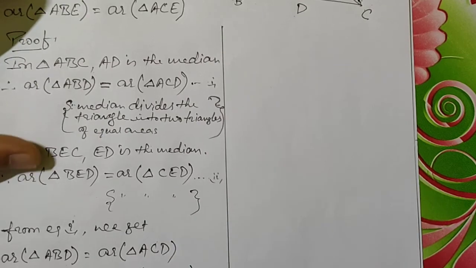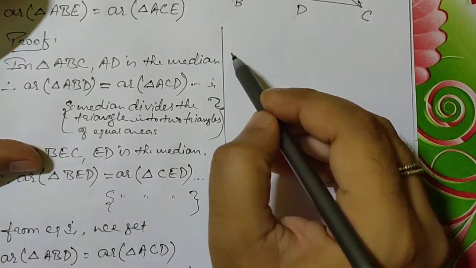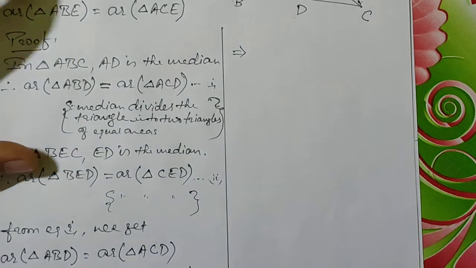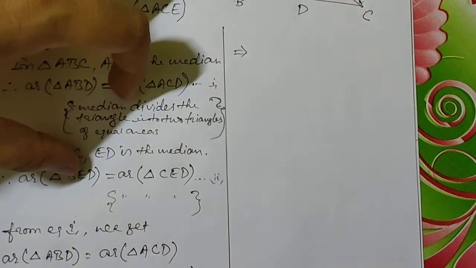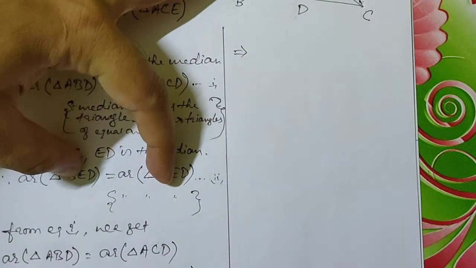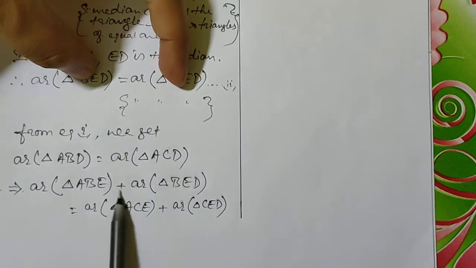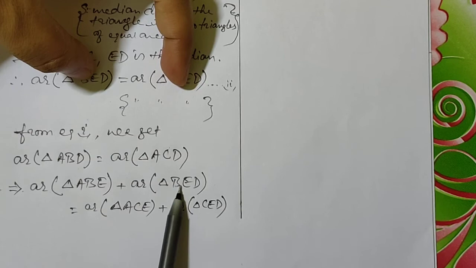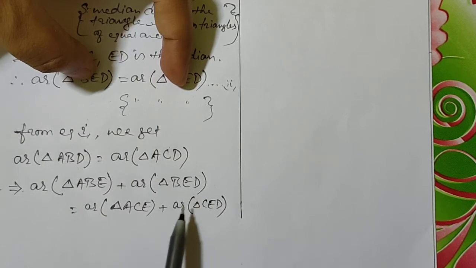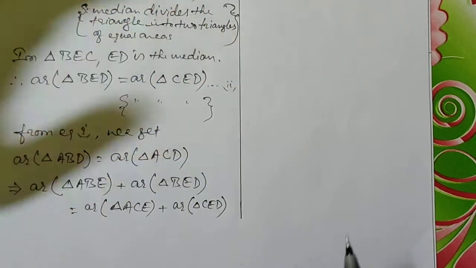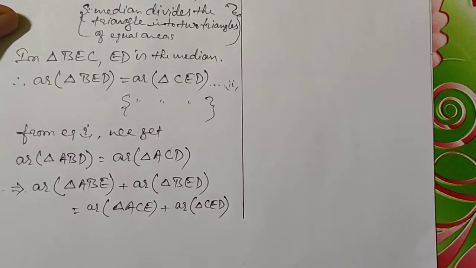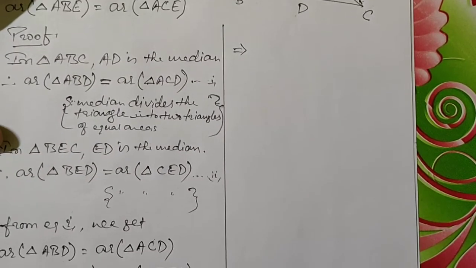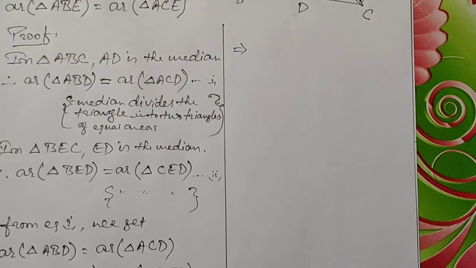Continuing with this equation, we can write in place of area of triangle BED something else. See, BED and CED are already equal, so you can either replace BED with CED, or replace CED with BED. It depends upon us. I am leaving BED and replacing CED.